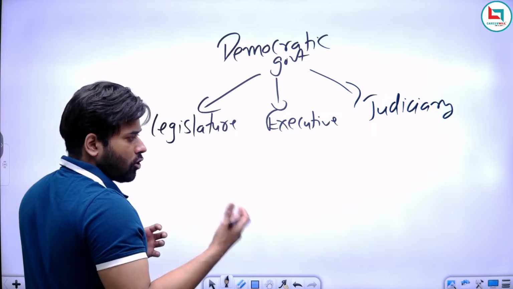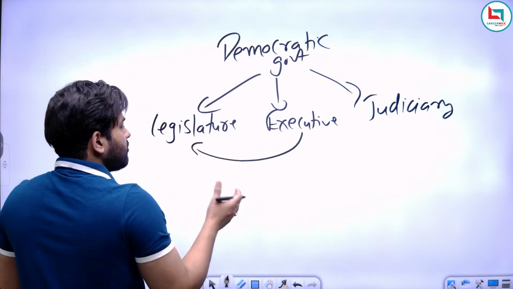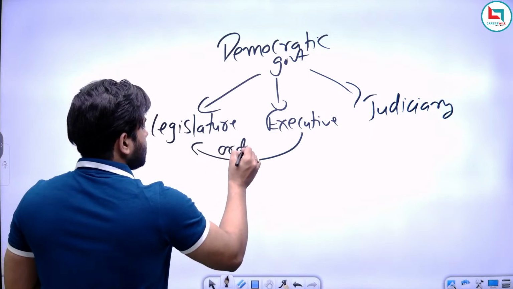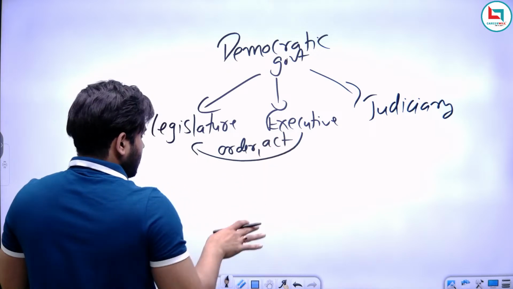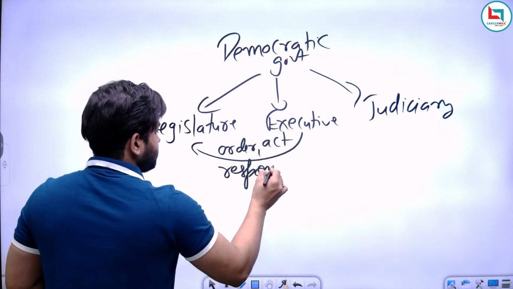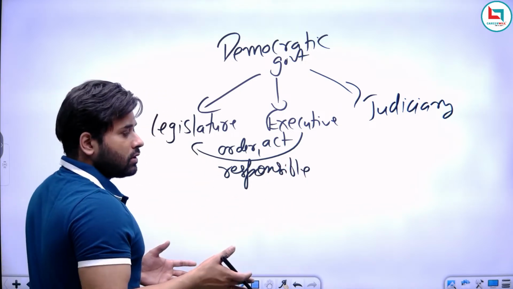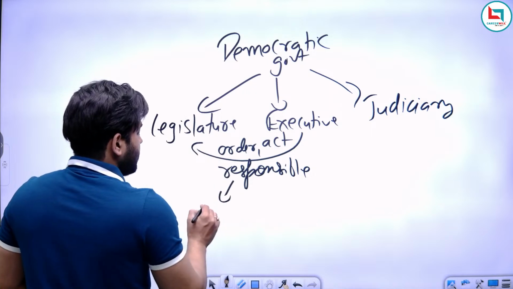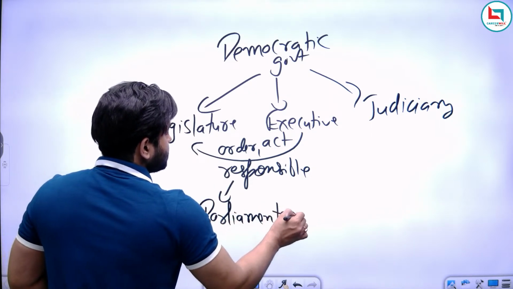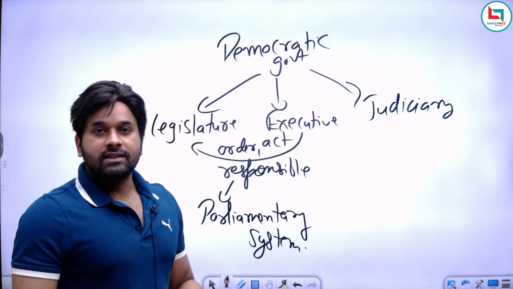Suppose the executive passes an order. Whenever the executive does anything, for any act, if it is responsible to the legislature for whatever it does, then such a government is known as a parliamentary system. So in a parliamentary system, the executive is responsible to the legislature.